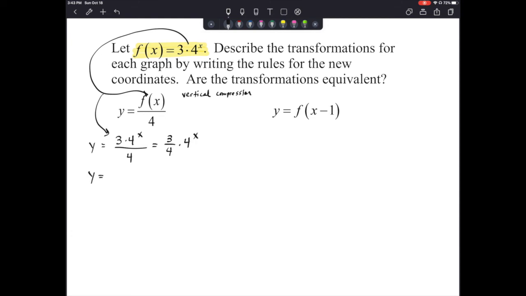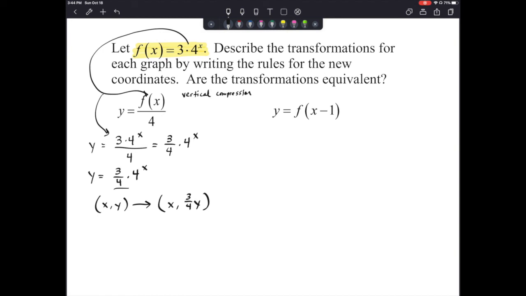So when I have an equation that looks like that, my parent function is y equals 4 to the power of x. What's happening? Well, our points x comma y would become x comma 3/4 y, because this is like our stretch factor out here.